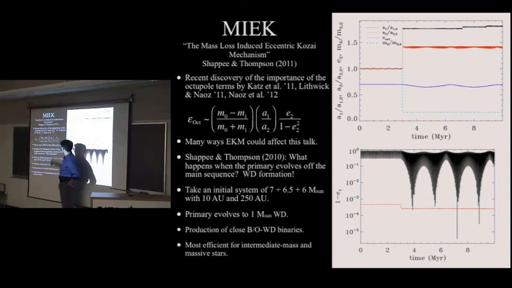The mass goes, in normalized units, from 7 down to 1 solar mass. That's right here. And when that happens, all of a sudden this epsilon octupole term gets big, and you excite this thing called the eccentric Kozai mechanism. So here, normal Kozai, normal Kozai, normal Kozai, mass loss, and the eccentric Kozai mechanism pushes the maximum eccentricity to 1 minus 10 to the minus 4.